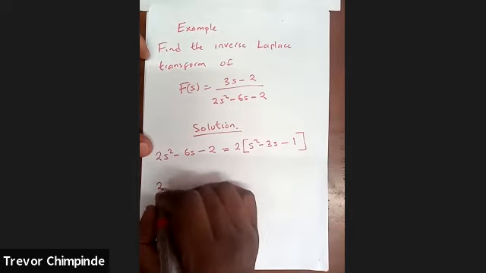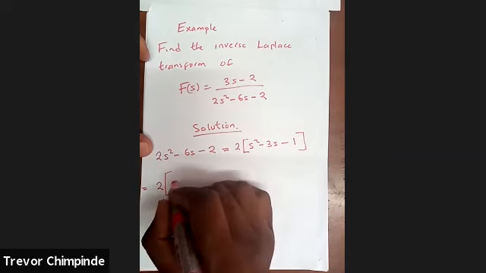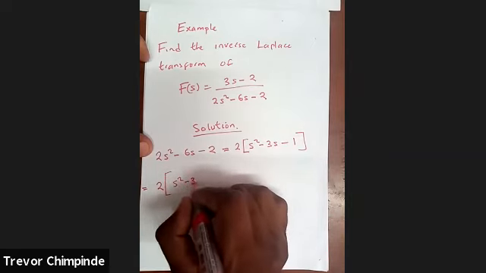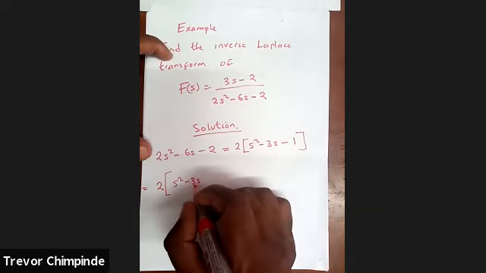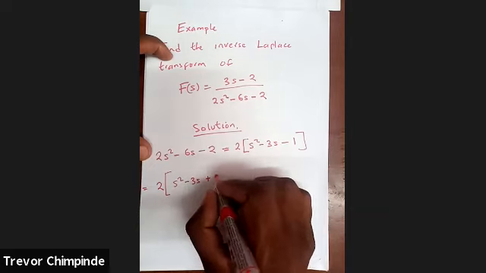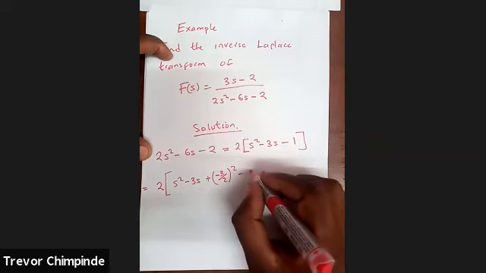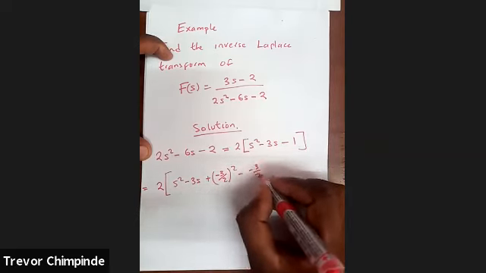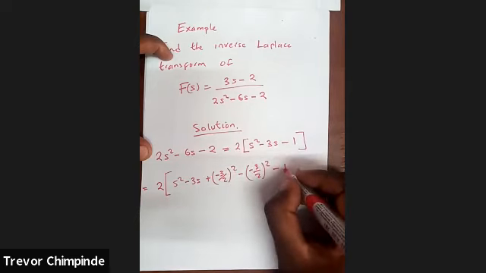So I'll say 2, then s² minus 3s. Completing the square, I will say half of -3, so plus (-3/2)², and then subtract the same, minus (-3/2)², and then minus 1.